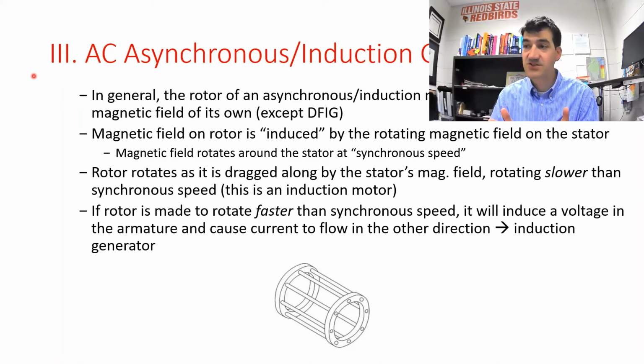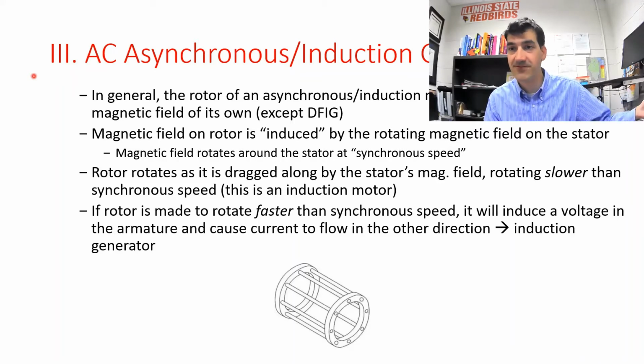So this is actually really convenient for renewable energy applications, and this is why these are really important to this class in particular. The reason is that we never have great control over the wind speed. For example, with a wind turbine, we don't exactly know how fast the wind is going to be blowing 5 seconds from now or a minute from now.